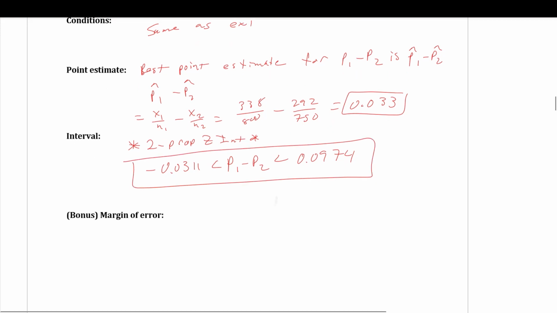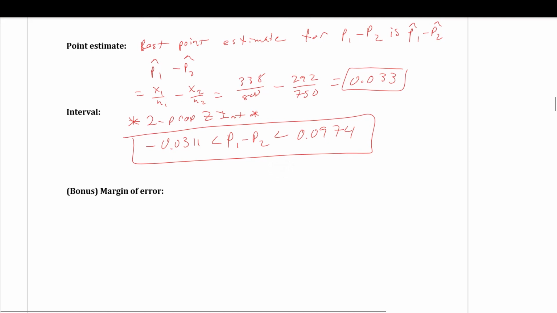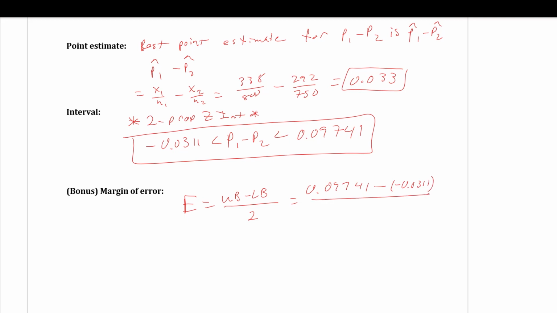And just as a bonus here, we can find the margin of error. If you remember from two chapters ago when we were dealing with confidence intervals, the margin of error is the difference between your upper bound and your lower bound divided by 2, which in our case is 0.09741 minus a negative 0.0311 over 2.